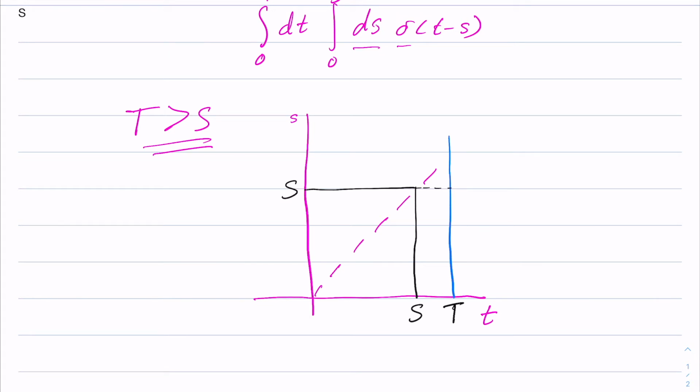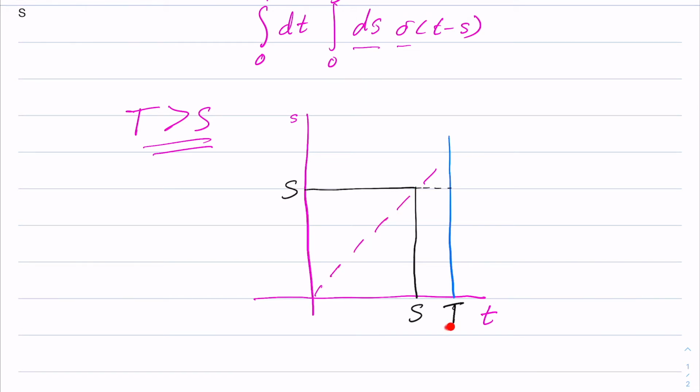Obviously the second integral exists only when the t integral is also from 0 to s, because up to that point only, from 0 to s only, the t integral exists, because the delta t minus s, the t equal to s graph is this.